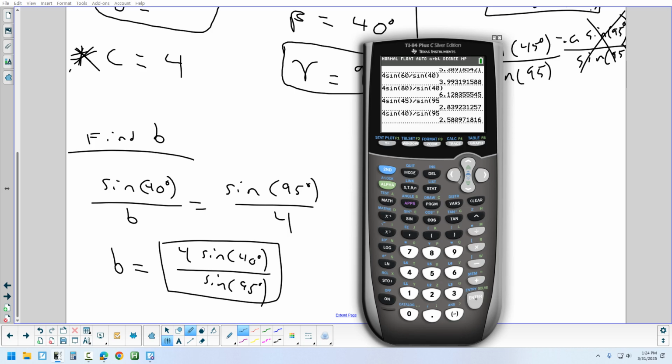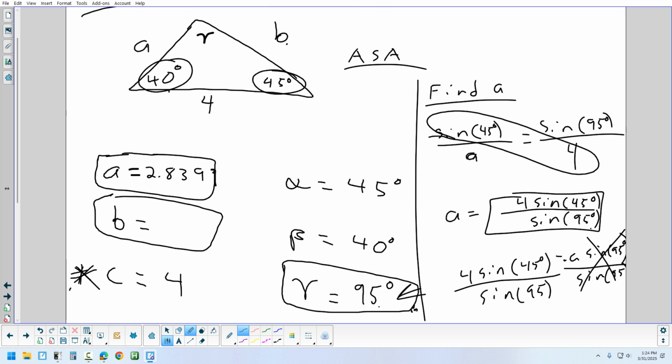See, it's 2.581. Beta is the smallest angle, B is the smallest side, gamma is the largest, C is the largest. And any two sides added together will be bigger than the third.